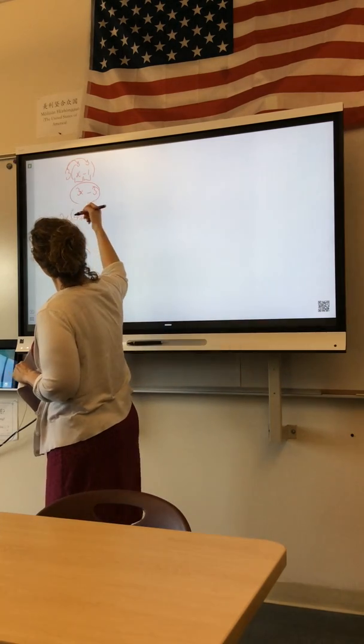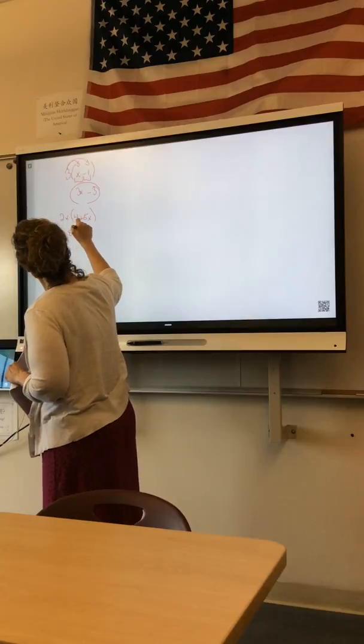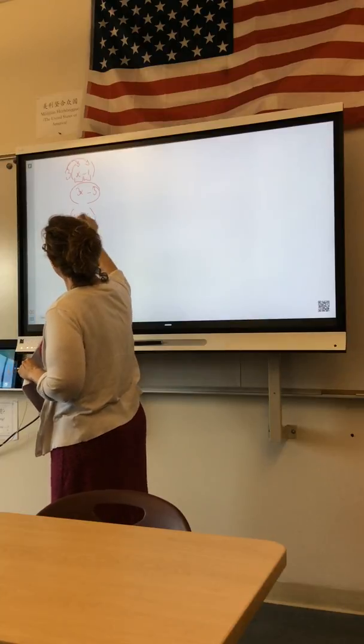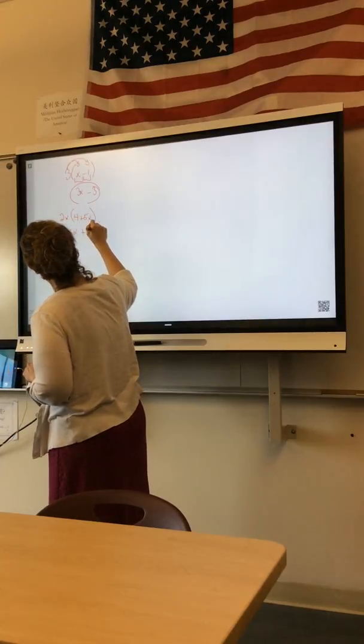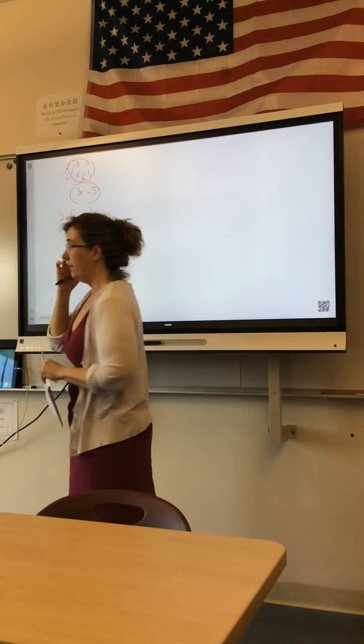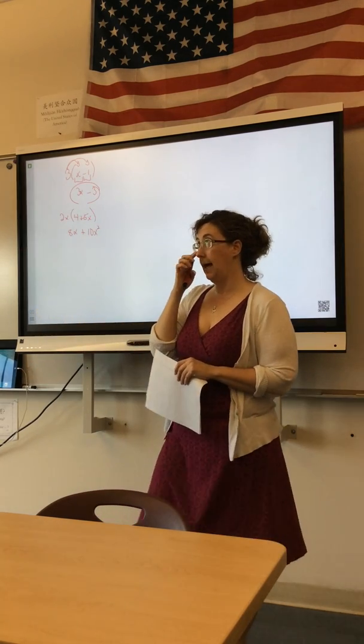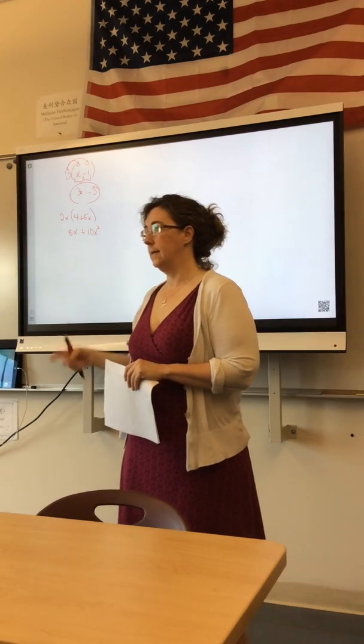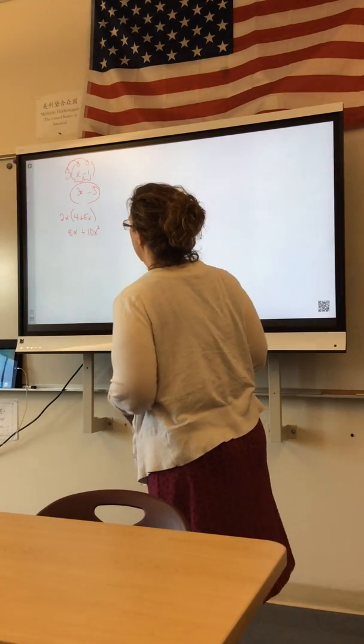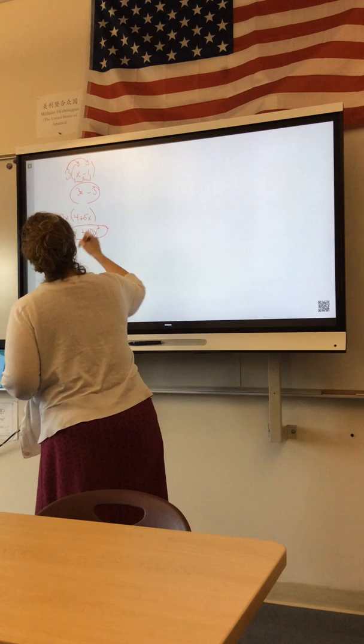So the 2x times a 4 gives me 8x, plus 2x times a 5x gives me 10x squared. Remember from exponents last week, x times x gives you x squared, not 2x. And that's my answer.